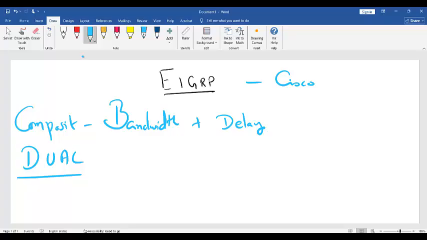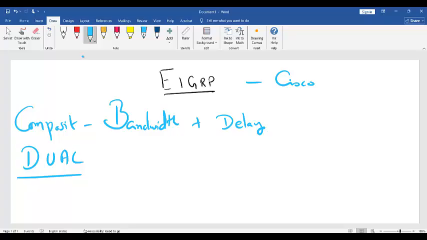Two things: finding out the composite value for each path to reach the destination, and picking the low cost, loop free path. So this function is taken care of by DUAL.